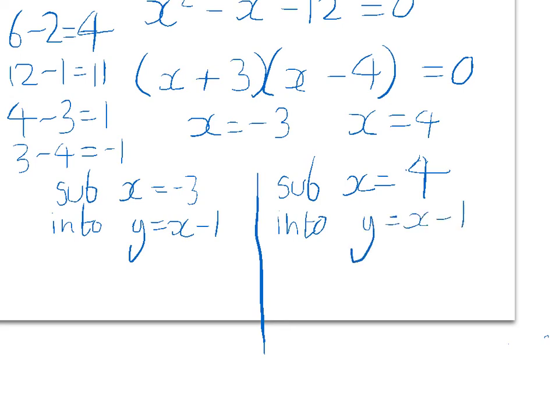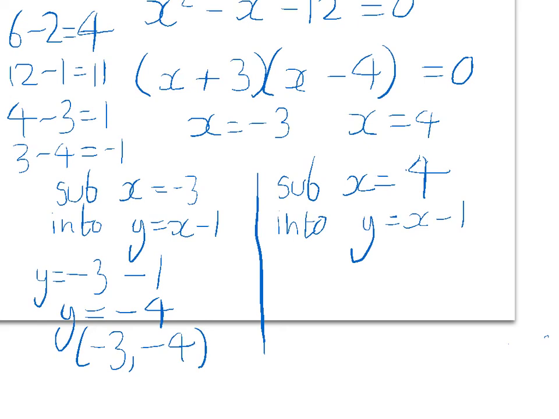The first one, minus 3 minus 1 is minus 4, so the coordinate is minus 3, minus 4. And the second one, y equals 4 minus 1, y equals 3, so it's 4, 3. Okay, and that should help you answer your homework for this week.